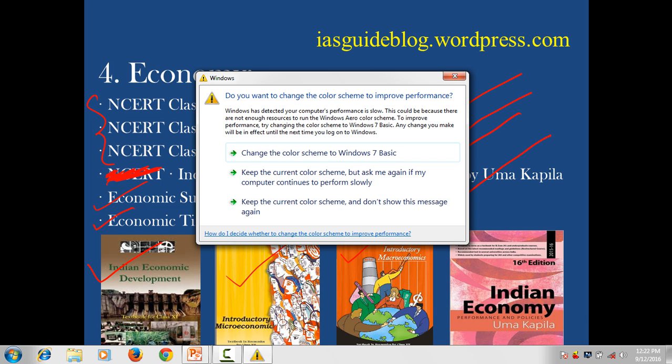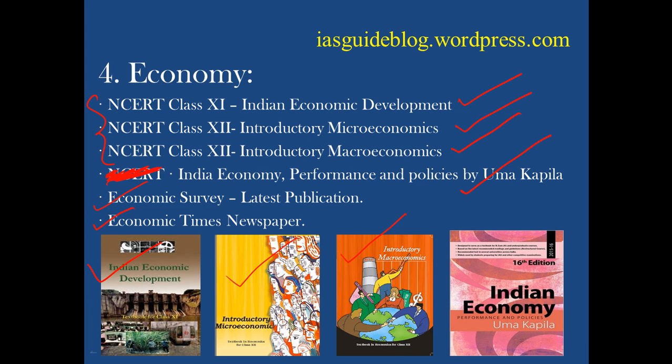All these should be covered, and even the national income accounting types, that is GDP, GNP, money and banking concepts, and certain expenditure, plan and non-plan expenditures, balance of payment, foreign exchange, open economy, convertibility of money, capital account, IMF, World Bank, challenges in the Indian economy, poverty alleviation and rural development programs, environment and sustainable development. All these things are very important when it comes to economy.